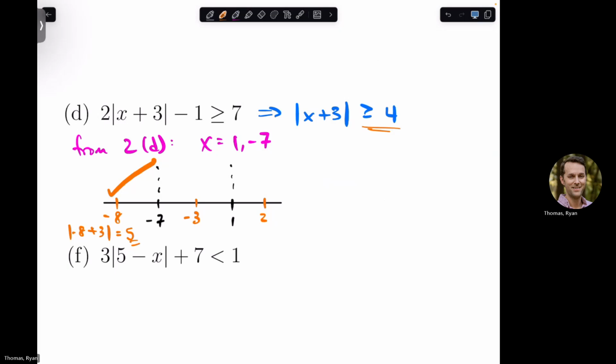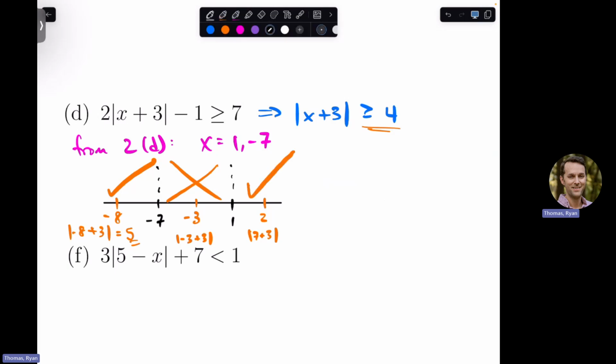Okay. Guys, absolute value of -3 plus 3. 0. Is 0 bigger than 4? No. 7 plus 3, that's 10. 10 bigger than 4, yes. So what's the solution set then to this inequality?